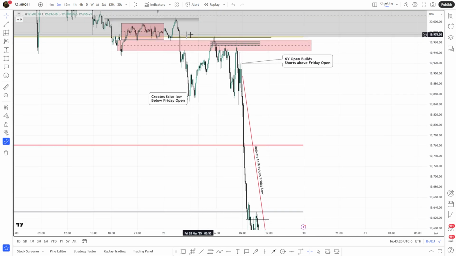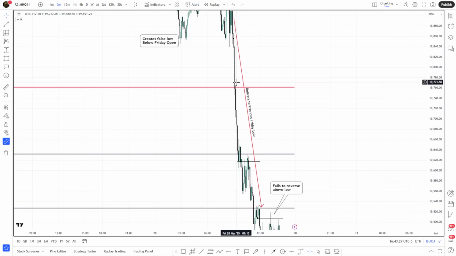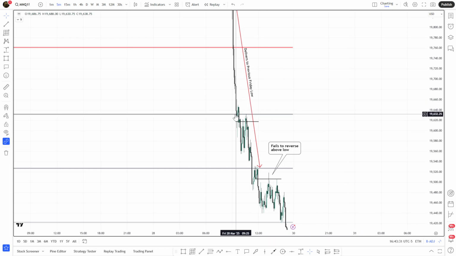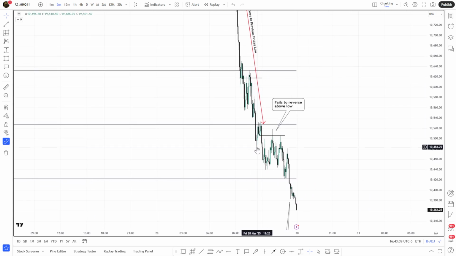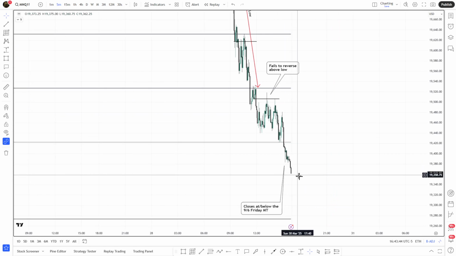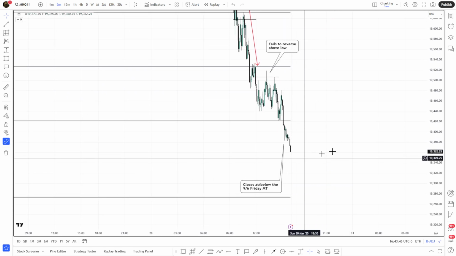You can see price tags this, builds above it, drives through it, support, lower, and doesn't even stop to bounce here, just smashes through it. First level we talked about, there were Friday levels right here too. Order blocks placed, boom. Drives through it, resistance, drives through it. I think it's about almost halfway between.